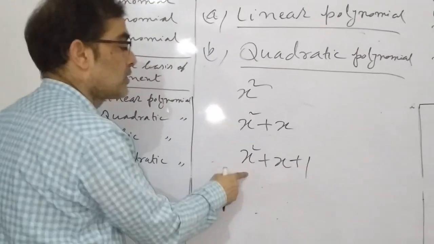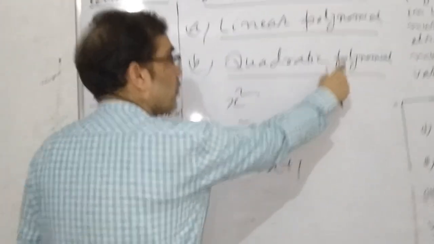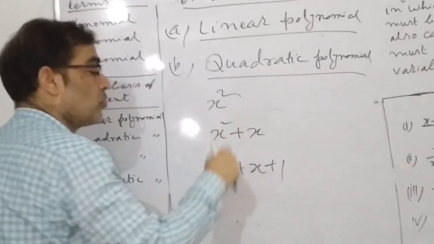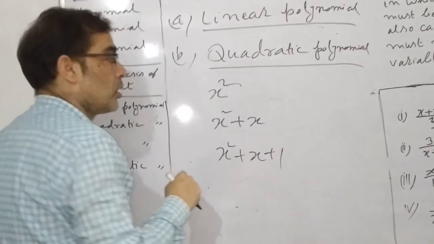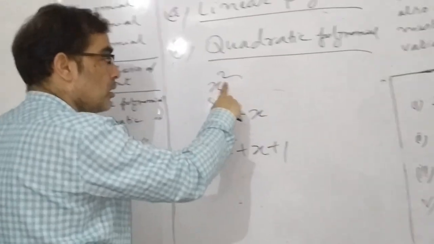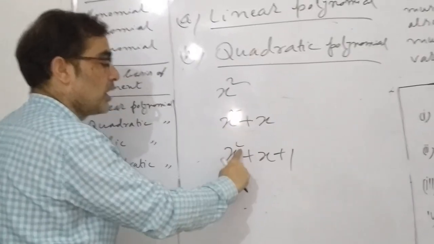These are the examples of quadratic polynomial because here you are seeing power is only 2. Here power is 2, here power is 2, here power is 2.